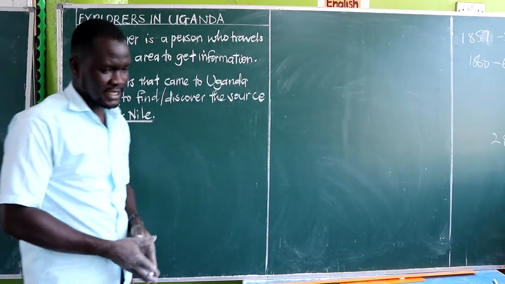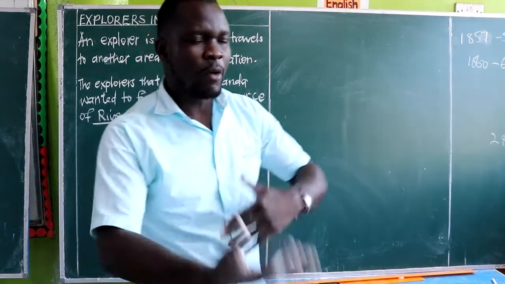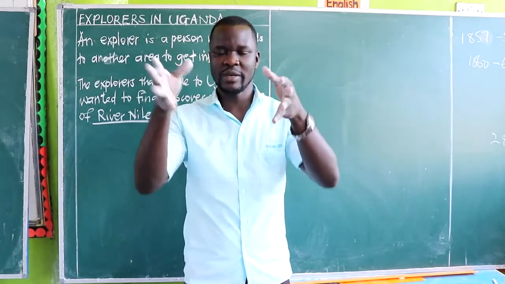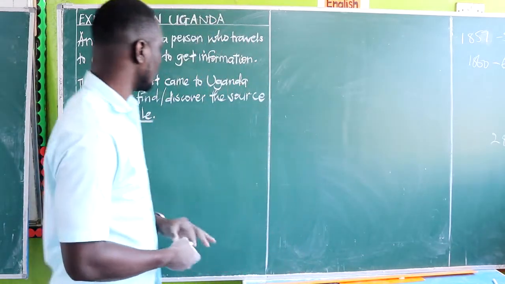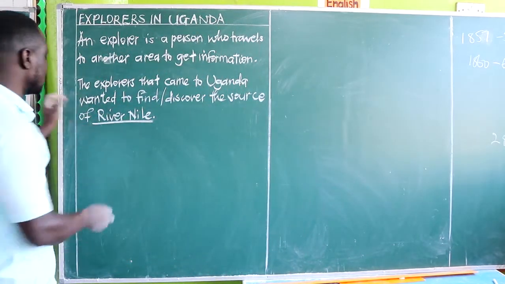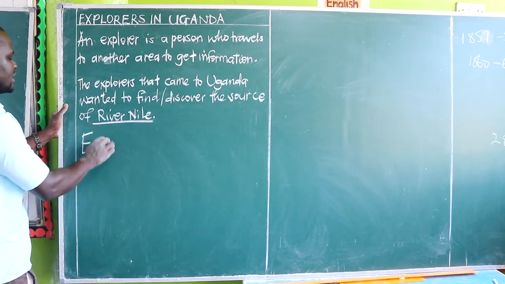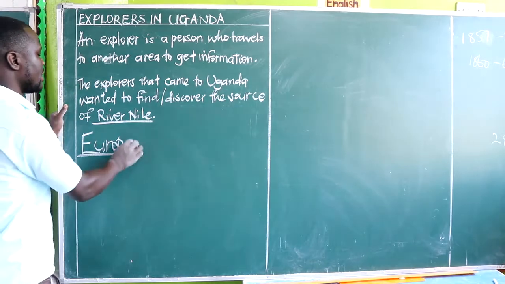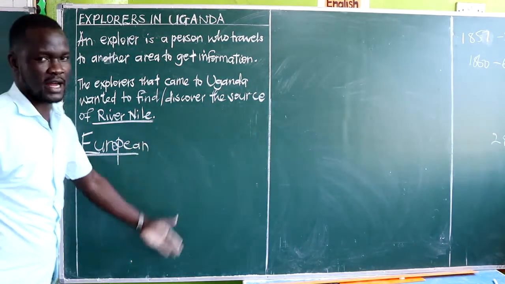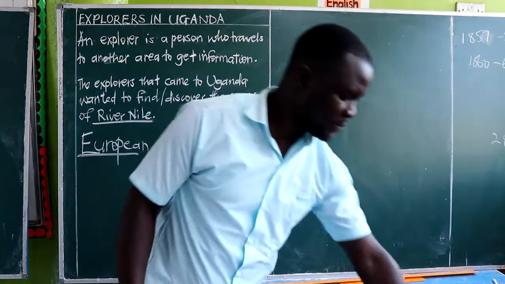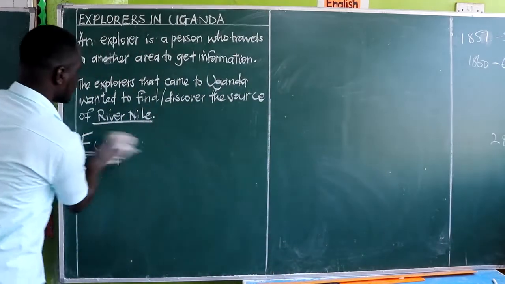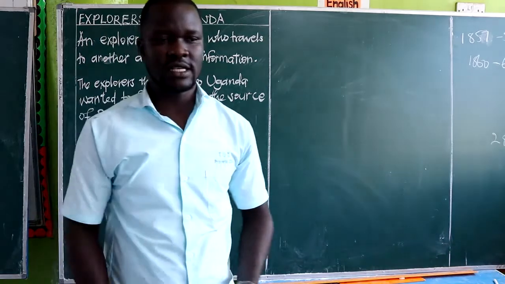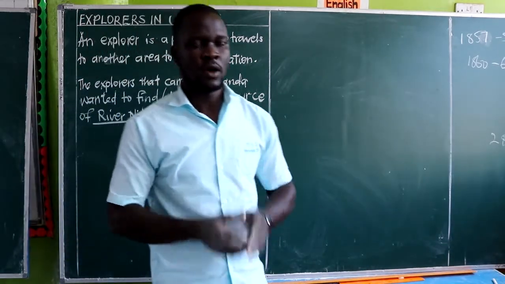We can be asked that question: how did the River Nile contribute to the coming of the European explorers? I've told you we call these European explorers because they came from a continent called Europe. So these explorers came purposely to find or to discover the source of River Nile.